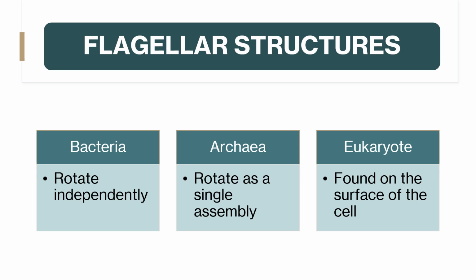In bacteria, the flagella rotate independently, so they're on their own. But in archaea, they rotate as a single assembly, which means they all rotate at the same time, the same movement. When it comes to eukaryotes, you'll find their flagella on the surface of the cell.